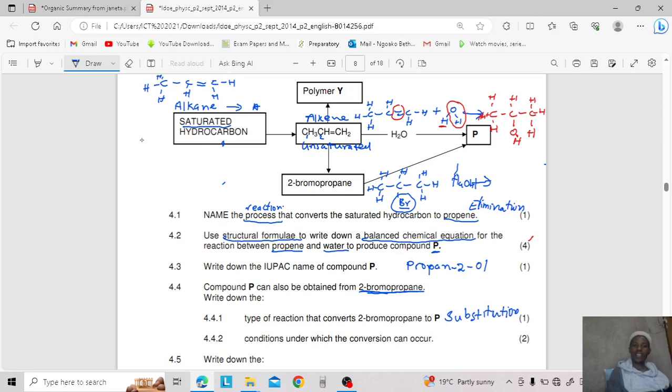Now, the conditions under which this conversion will occur. We require this NaOH, and for hydrolysis it must be dilute. So for this one we're going to have a dilute strong base.